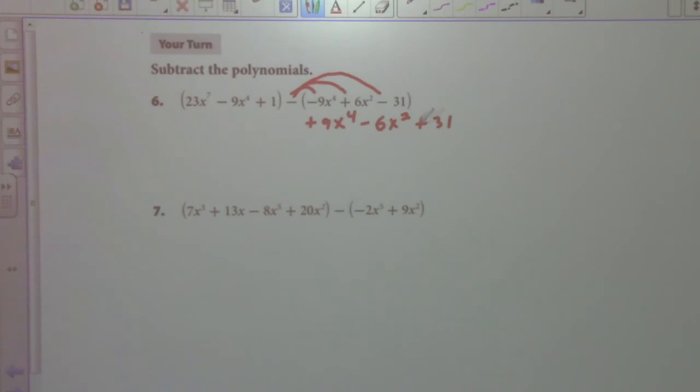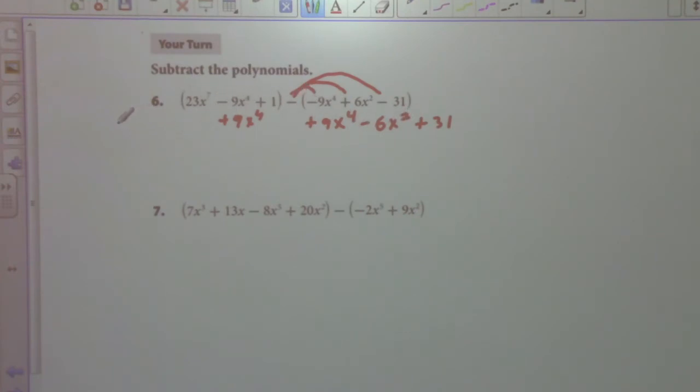So now we can just stack these things right underneath, and then what can we do with these stacked things? Okay, we have 9x to the 4th, so I'm going to put plus 9x to the 4th right underneath that one. We have negative 6x squared. Do we have any x squareds here?